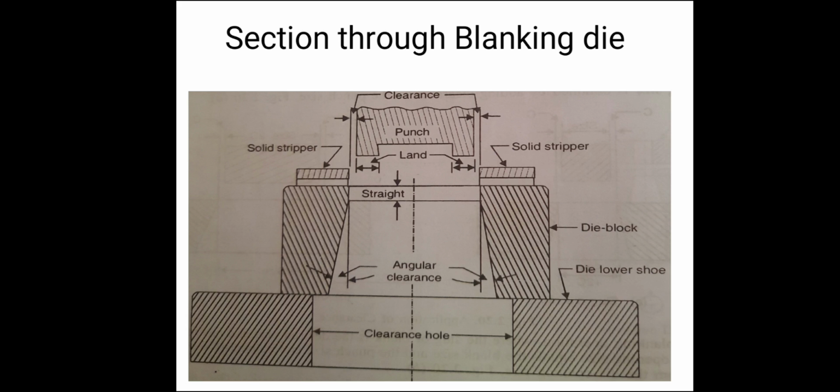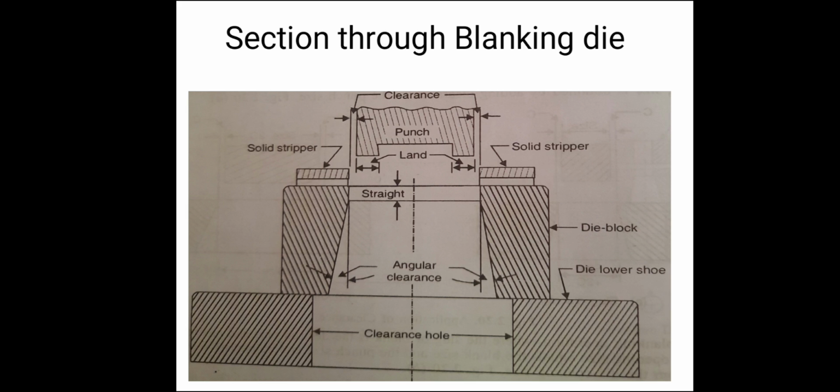What is land? It is a flat, usually horizontal surface contiguous to the cutting edge of the die, which is ground and reground to keep the cutting edges of the punch sharp. Then what is straight?